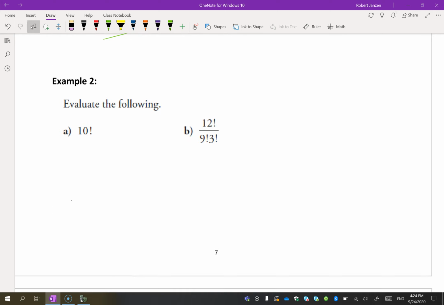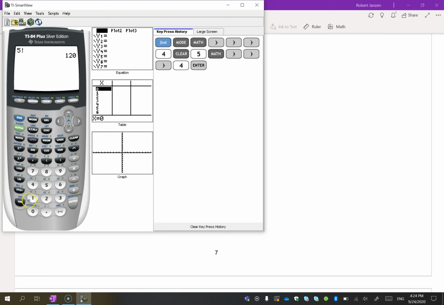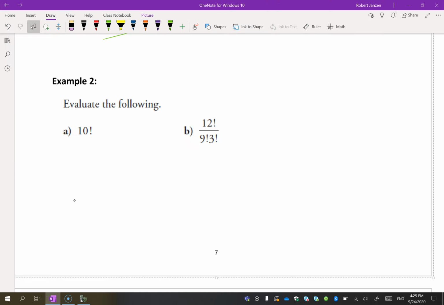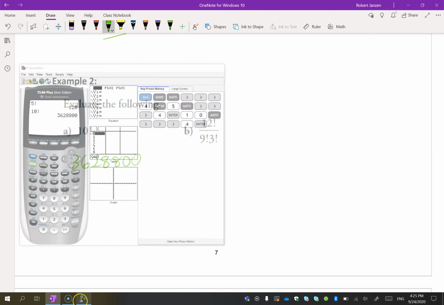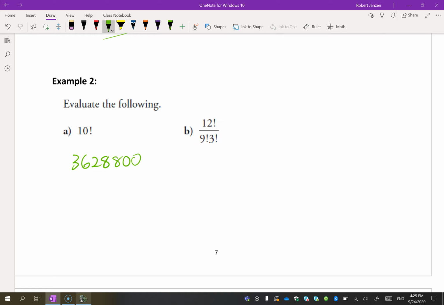Let's try the next couple. Let's go 10 factorial. That's 3,628,800, I believe it was. Yep. And then there's this one.